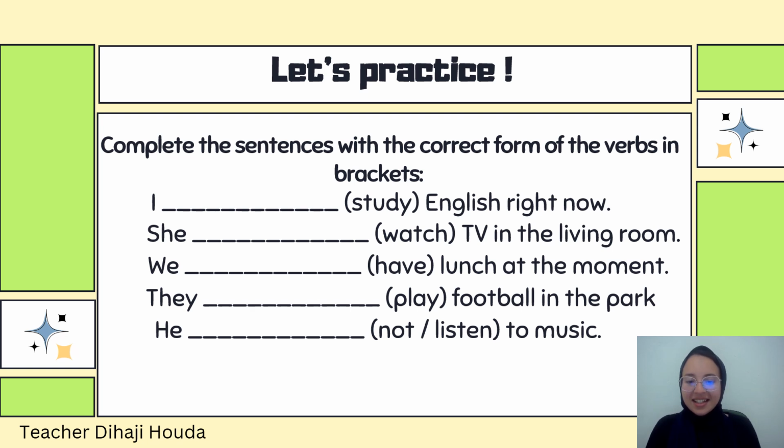So the answer is I am, sorry for my handwriting, I am, and we have studying. Okay, studying. Never forget ing. English right now. Okay, I am studying English right now. You are studying English right now, and I am teaching you English right now.